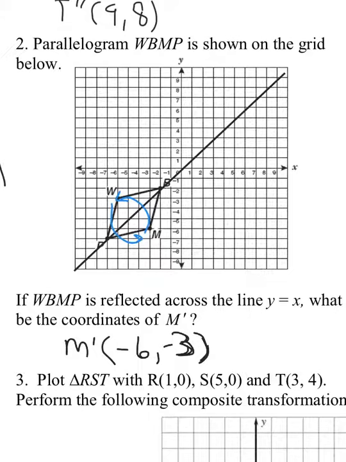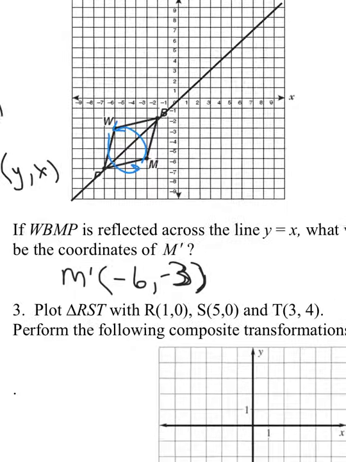Another thing, if you look at the rules in your notes, for y equals x, the rule changes from (x, y) to (y, x). You'll notice M was at (-3, -6) to begin with, and then you just flip the order, takes it to (-6, -3). Okay.